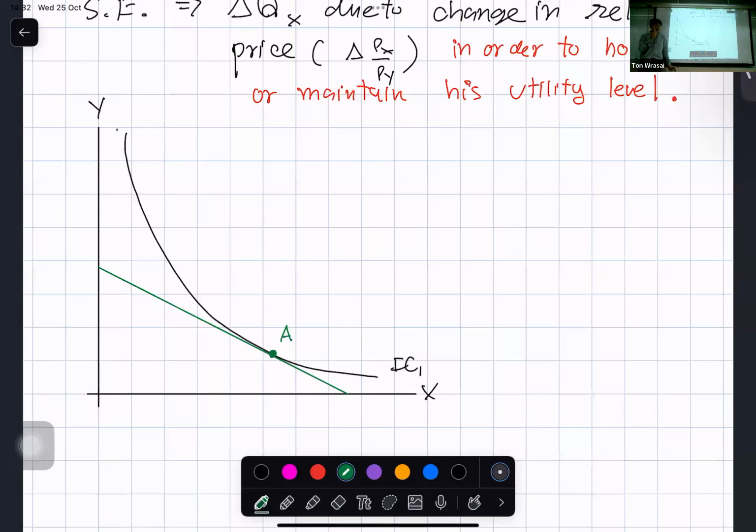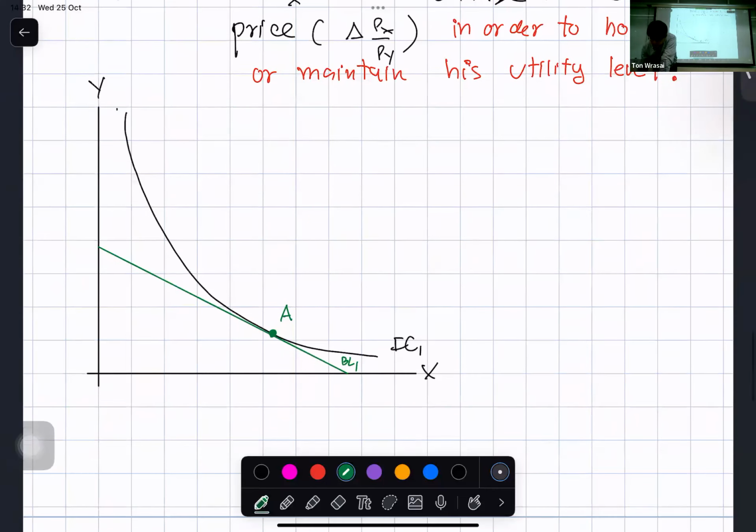Create a budget line. This green budget line, let's call BL1. Given this budget line, tangent IC at basket A. Given this indifference curve and given this budget line, the green one, A is the optimal choice for him, X1, Y1 units.